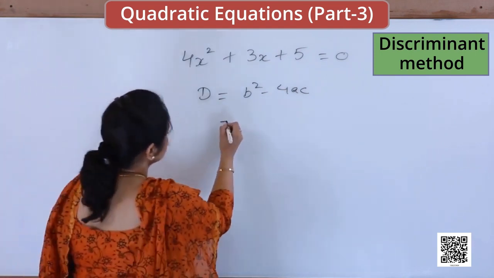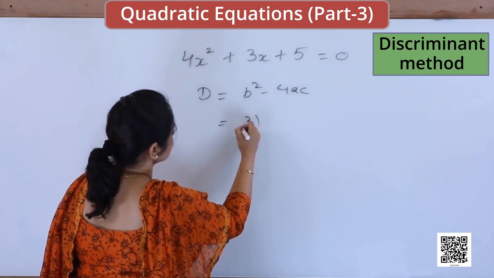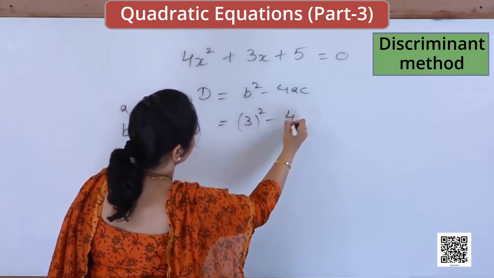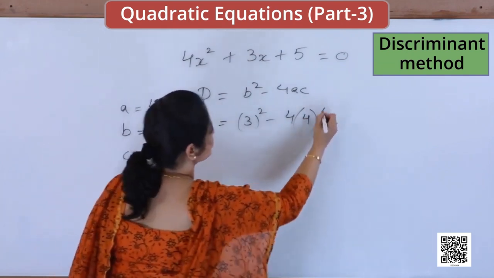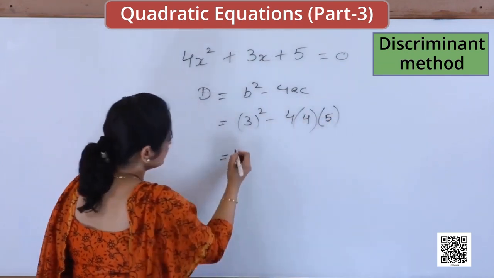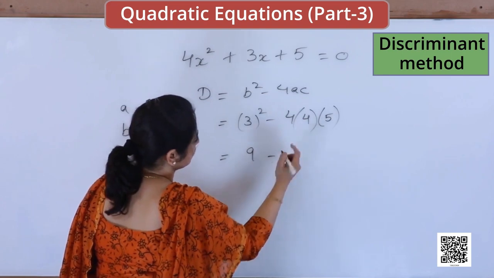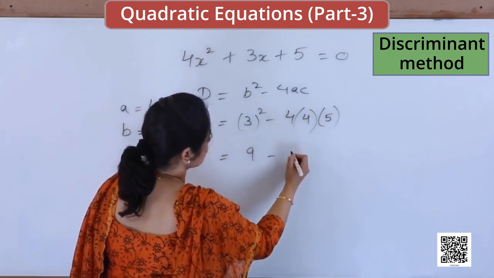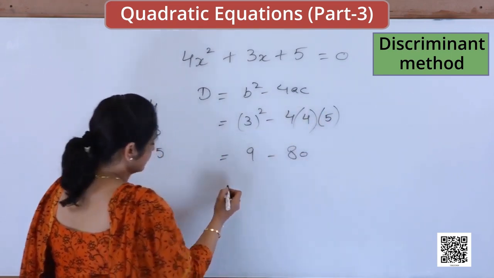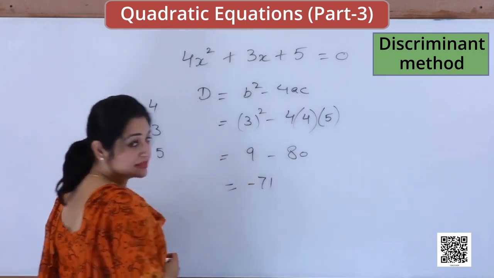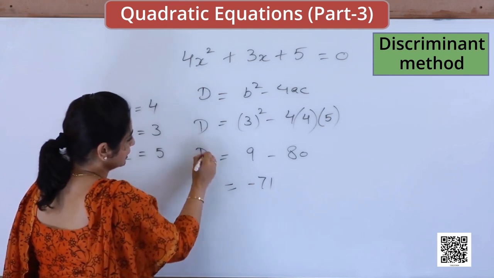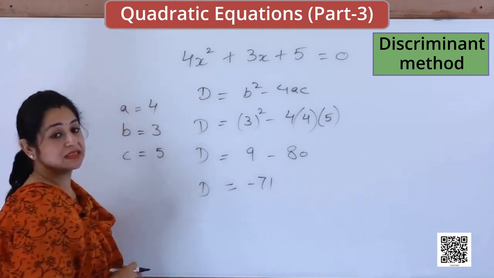So putting these values here, b square, that is 3 square, minus 4 multiplied by a, that is 4, and multiplied by c, which is 5, equals to 3 3s are 9, minus 5 4s are 20, 20 4s are 80. So 9 minus 80. So discriminant here is negative, minus 71.